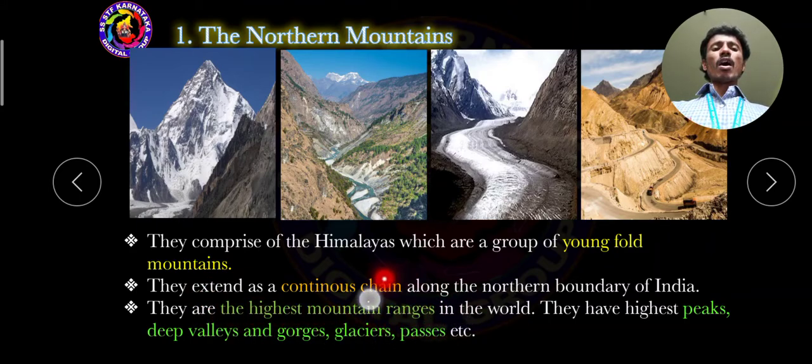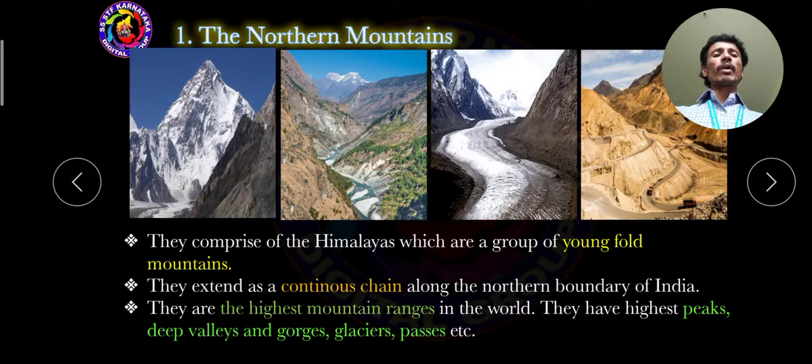And the northern mountains are the highest mountain ranges in the world. Here we can see the highest peaks. Highest peaks means the highest points we can see here. Then the deep valleys. Deep valleys means the beautiful farmland surrounded by water.